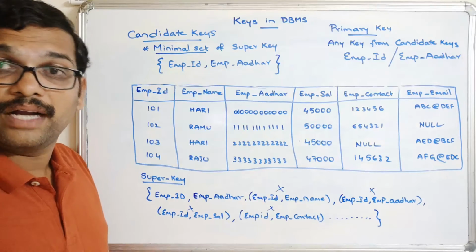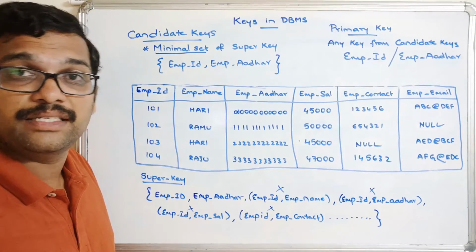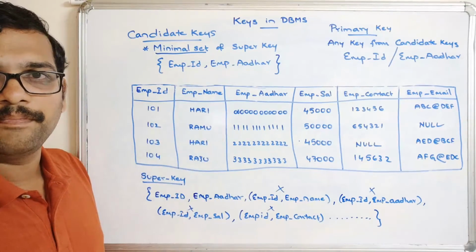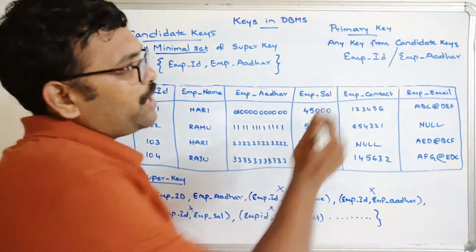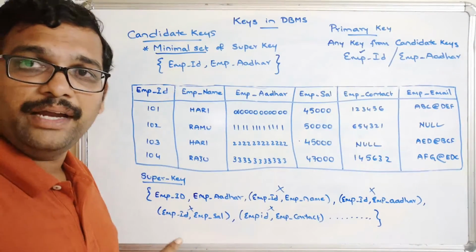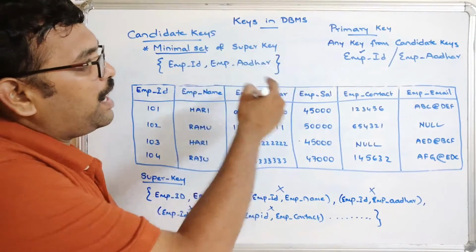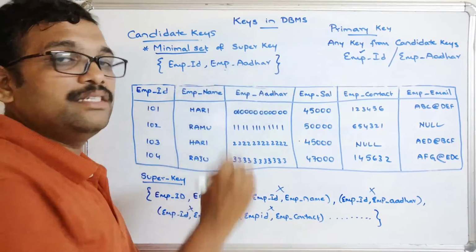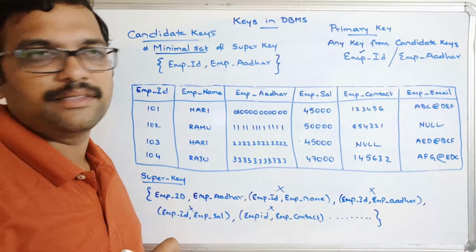Voter card is also a unique identification. So we can consider that also as a candidate key and the primary key. Now, if you consider this employee ID, then the other keys in the candidate key will be considered as alternate keys.